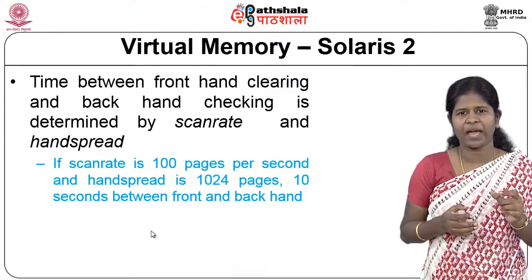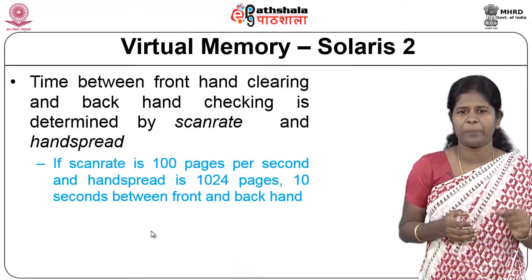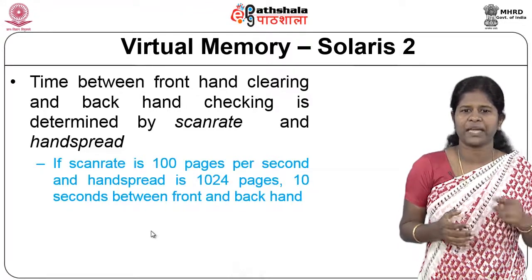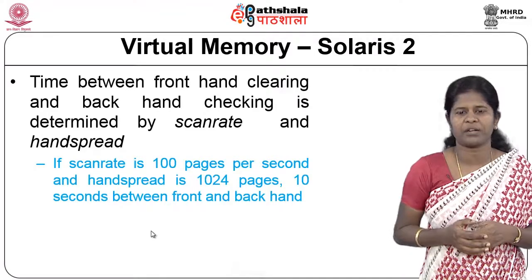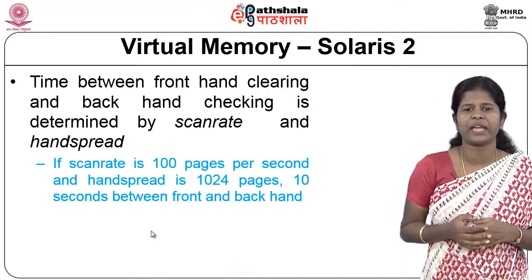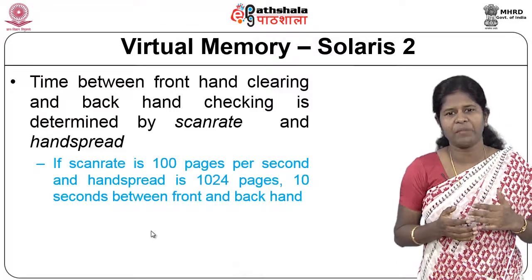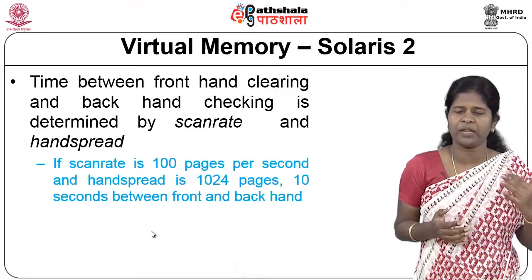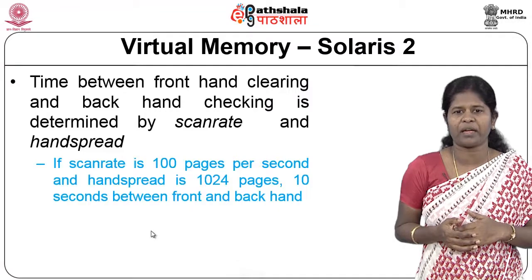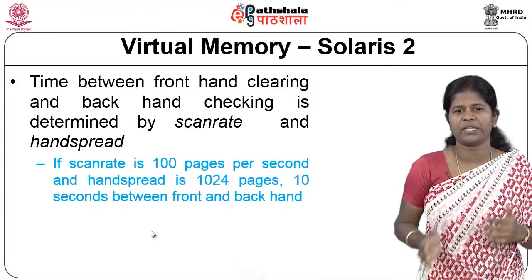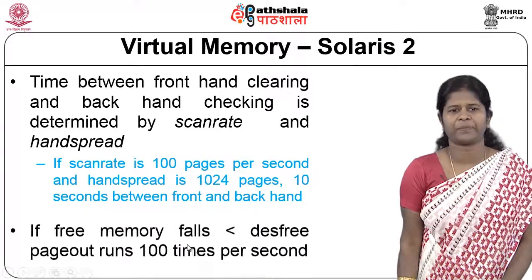In the first second it will scan 100 pages, in the second it will scan the next 100 pages, so in 10 seconds it will scan nearly 1000 pages. The number of pages between the front hand and the back hand is 1024 pages, and hence it will take around 10 seconds.